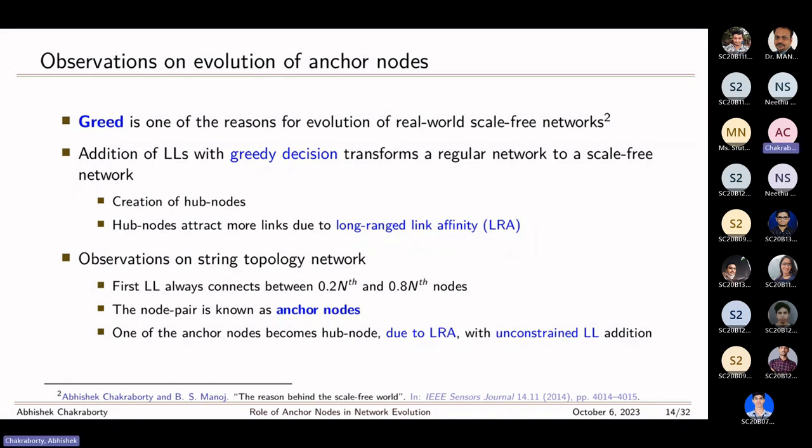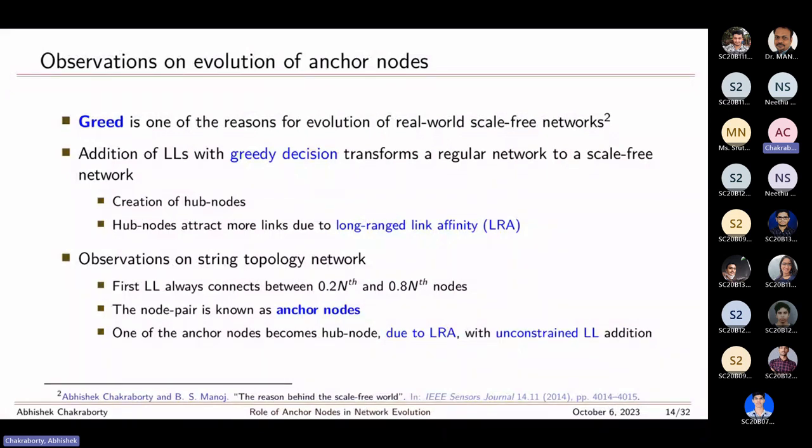And it is based on long range link affinity, LRA, for unconstrained link addition, because here we did not say that the length of the link will not be more than X meters or X feet. When we use a wired network, a link can go up to 100 kilometers.